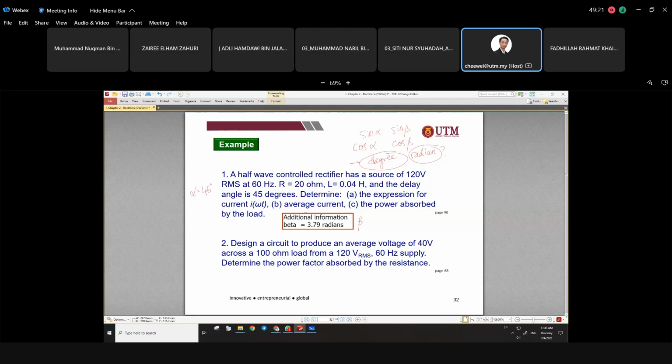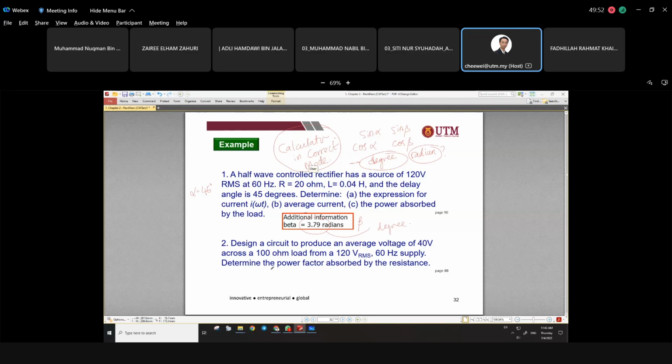Make sure your calculator is in the correct mode. You know where to set the degree or the radian, right? Make sure you know. Otherwise, if you key in everything, you get a different answer. So if you want to make it a default of degree, then you have to change the 3.79 into degree, and you set your degree in the calculator.